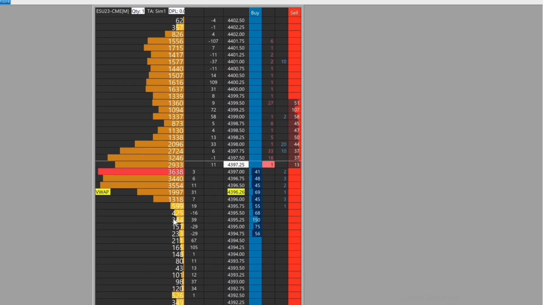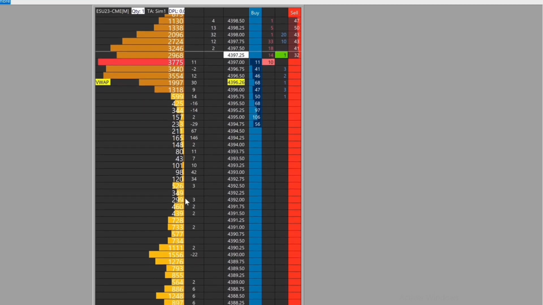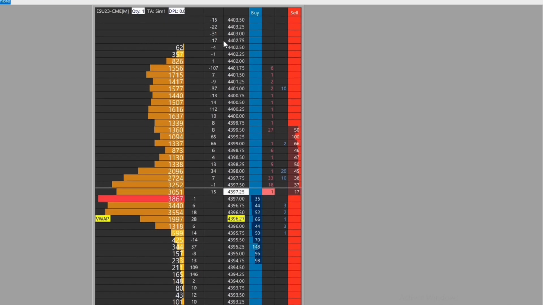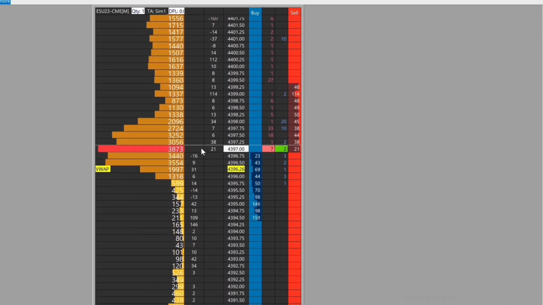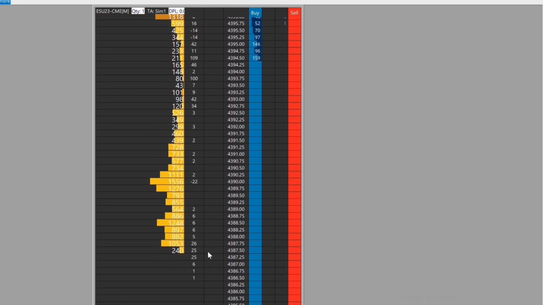There we can see that the price is currently in its value area zone. If the price were here, for example, it would be out of this value area zone in the lower part. When the price comes here, it is rather in the high zone of the volume profile, and when the price comes at the bottom, it is in the low part of the volume profile.